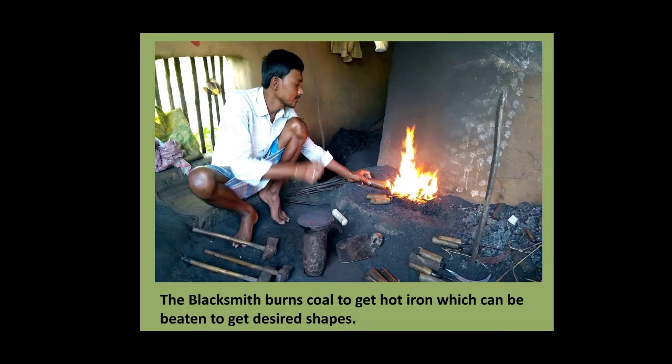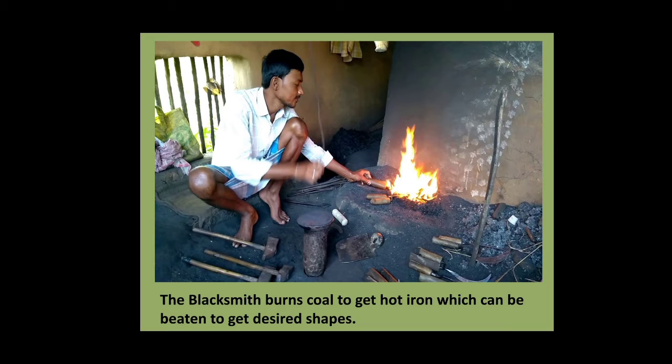In this image you can see a blacksmith burning coal to get iron hot, which can be beaten into the desired shape after some time. So what is happening there? He is burning coal.